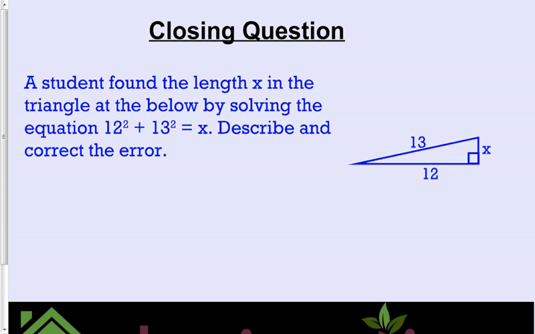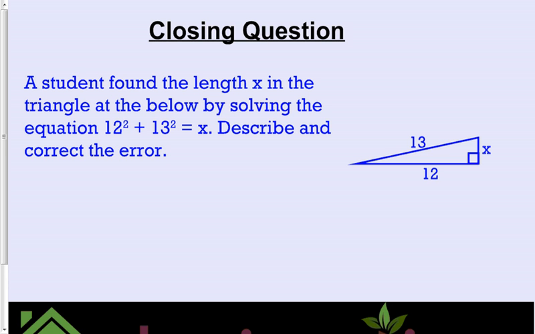So I'm going to leave you with this. A student found the length x in the triangle below by solving the equation 12 squared plus 13 squared equals x. Describe and correct the error. What did the student do wrong, and how could you fix it?